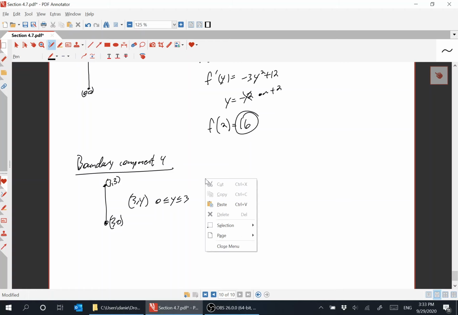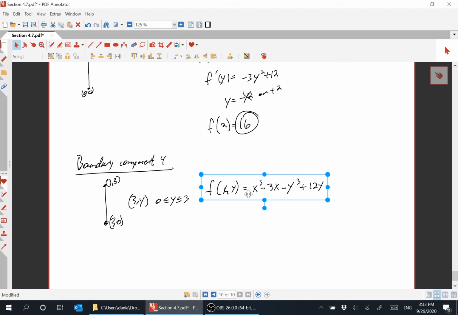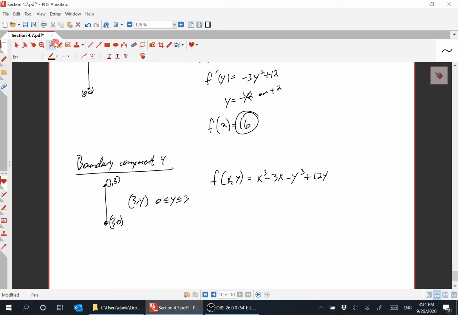Again, the function is this. So on this part of the boundary, you have f of 3, y equal to 27 minus 9, which is 18, minus y to the third plus 12y. So now the derivative of that, f prime of y, is minus 3y squared plus 12.